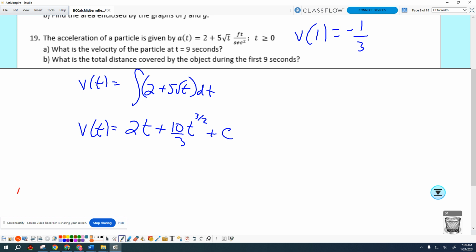What do I do now? Plug in the value that they gave you. So velocity at 1 is negative 1/3. So what does c become?